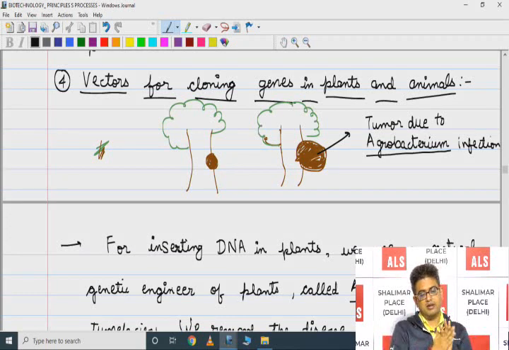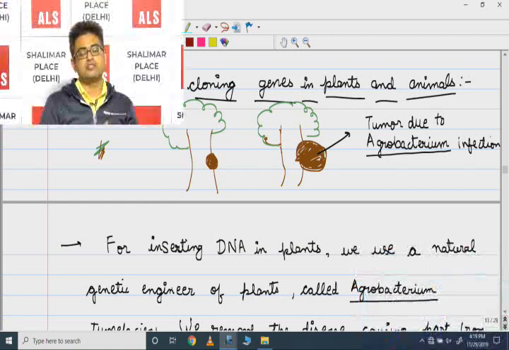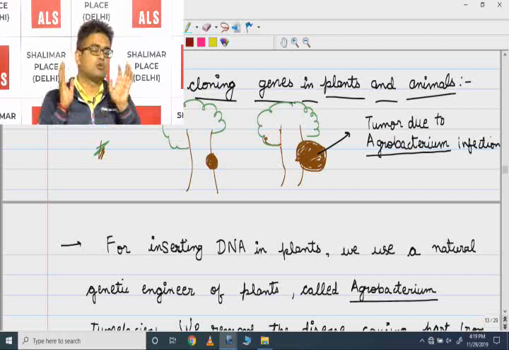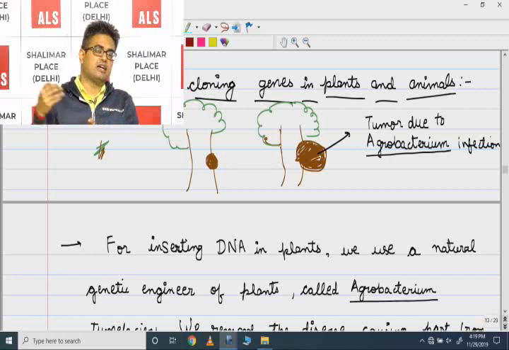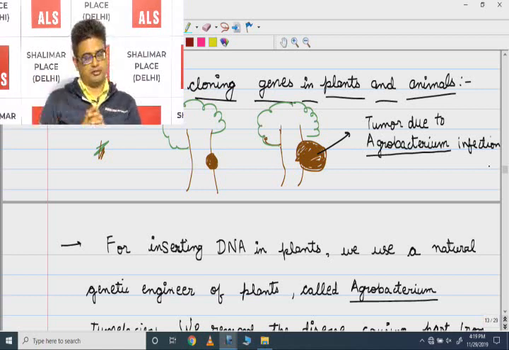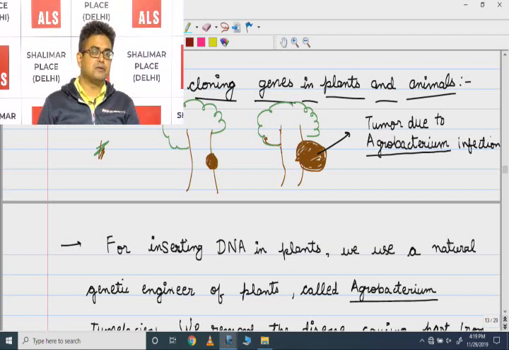For bacteria and plants and animals, the problem is that in bacteria it is very easy, but normally if I have to obtain some product, I will have to grow that bacteria, and that bacteria will manufacture a product and I will have to isolate it from it. But suppose I want to introduce a gene of interest permanently into some plant.